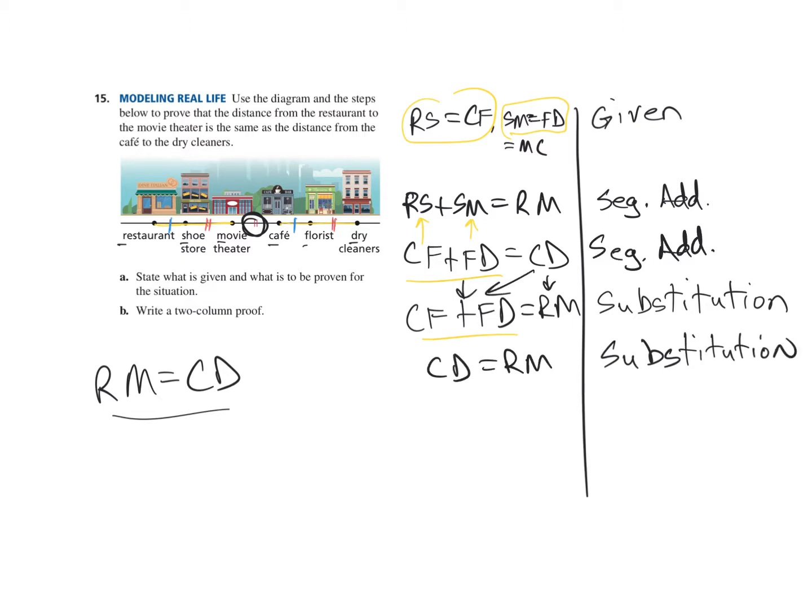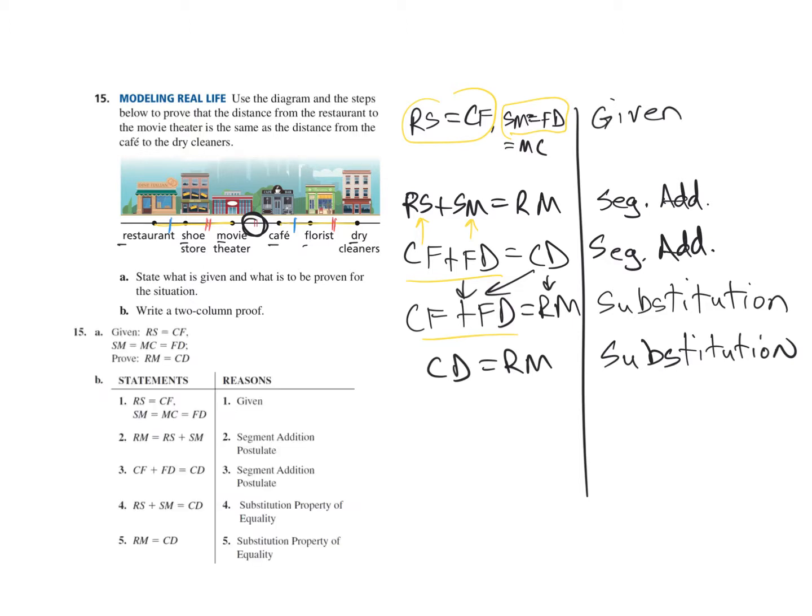So CD is equal to the CF plus FD, so we can plug the CD into that position. And that's the answer. Let's take a look at what the book says. The book looks a lot like mine, but says all the same stuff, depending on which way you substituted something. All right, let's move on.